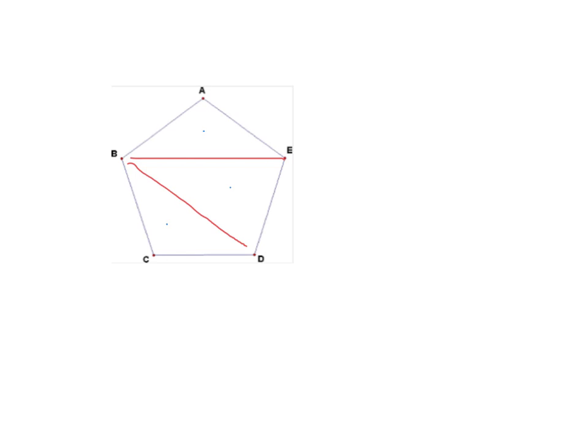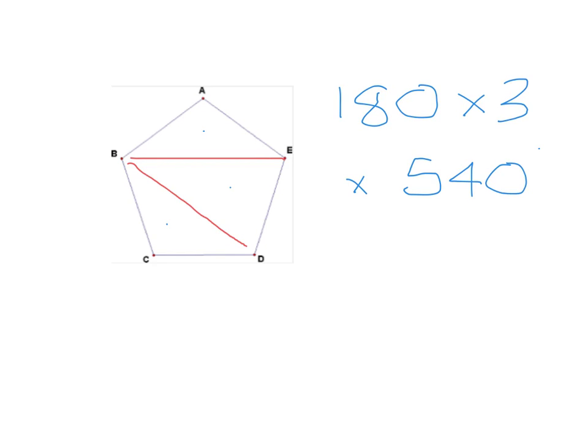Now we know there's 180 degrees in a triangle, so we can multiply 180 by 3, and that will give us an answer of 540 degrees.